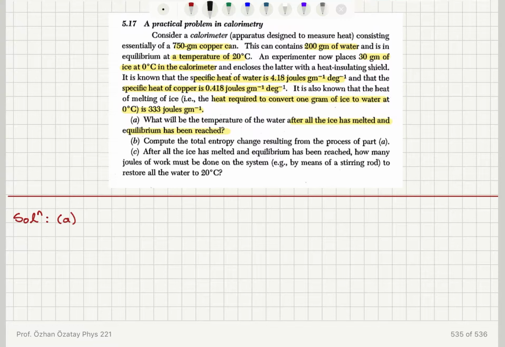So in this process, we're going to have an equilibrium temperature. We're assuming that the equilibrium temperature will be between 0 degrees Celsius and 20 degrees Celsius so that all the ice will melt.